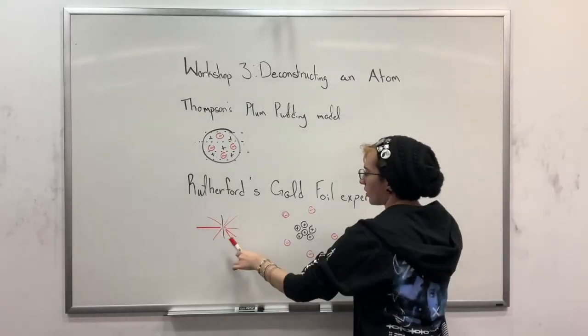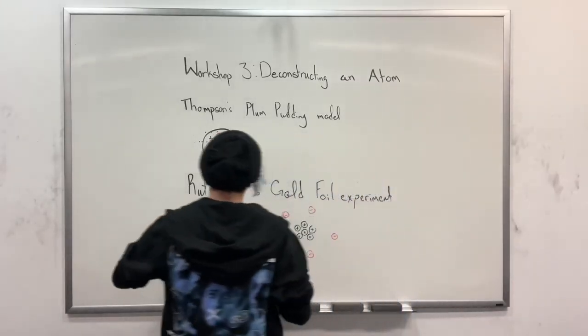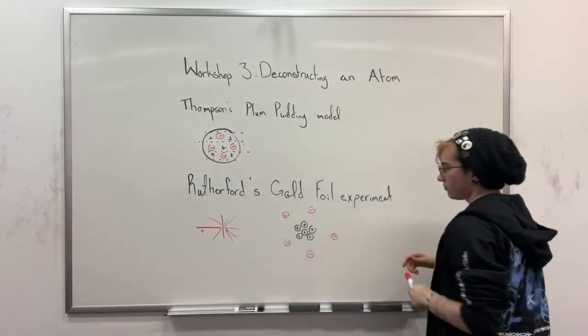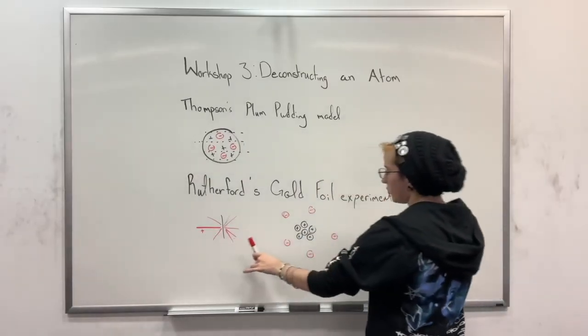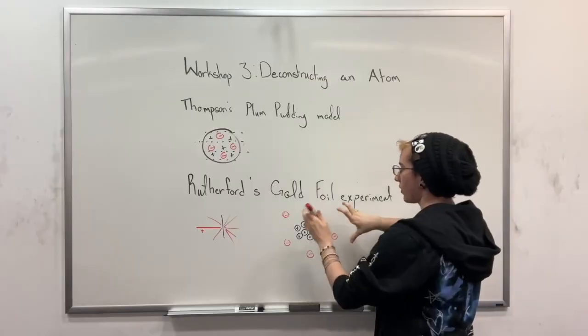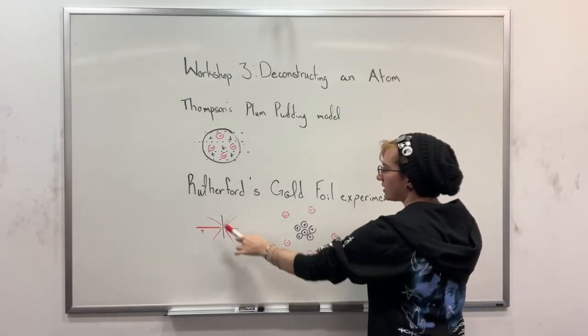This way, when the alpha particles hit it, since the alpha particles do have a positive charge to them, some of them are able to pass through just fine, but a lot of them are going to interact with the surrounding particles and cause the actual bending that Rutherford saw.